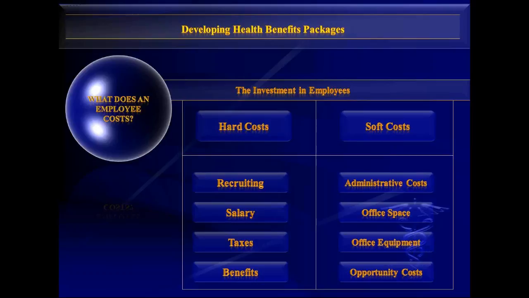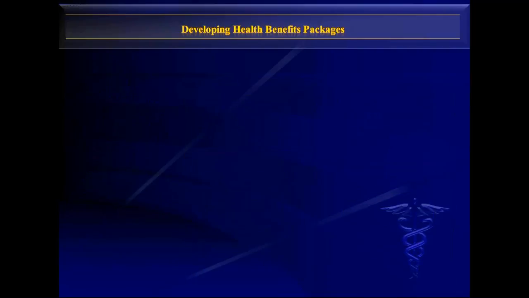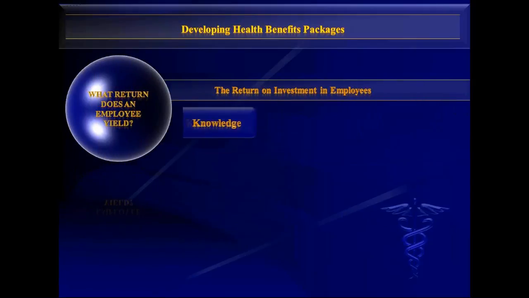These are all the costs. This is the total dollar amount that a business invests in employees. In other words, once we put down whatever the recruiting expense is, whatever the salary is, once we put that all down, that would be the dollar amount that a company invests in employees. Now, the return that the company gets is knowledge, talent, and skill.